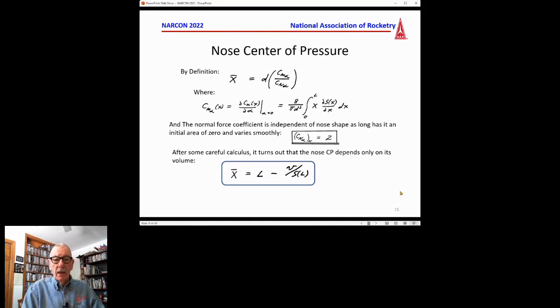And by the way, that's where the key assumption comes in of the nose coming to a point, or not really a point, but that the nose comes to a zero area at the very beginning. So it could be rounded, that is like a spherical nose or an elliptical nose. It could be rounded, and even with the most conical noses, the very tip of the nose is slightly rounded.